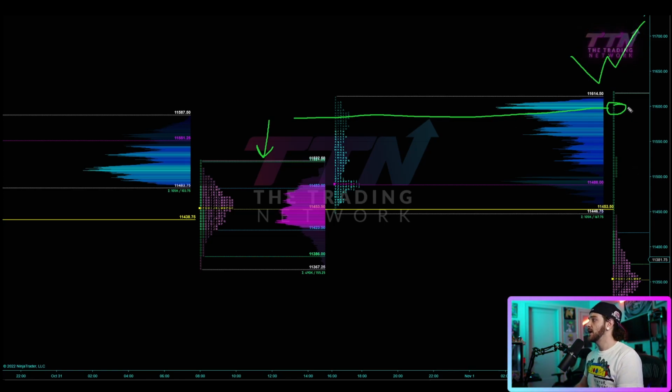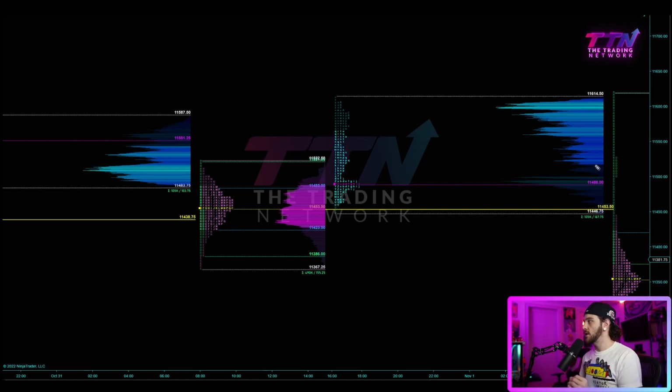On the flip side, if we open up and we get rejected upon open with a gap up, then the probability shifts to closing and moving back down to close that gap at the prior range high. So this is just one simple reason that I use the profile every single day, create market profile trade plans, and consistently every single morning look at where we are opening related to the prior range.